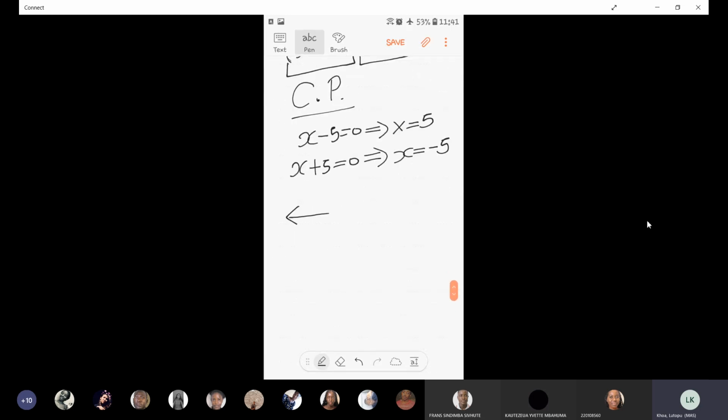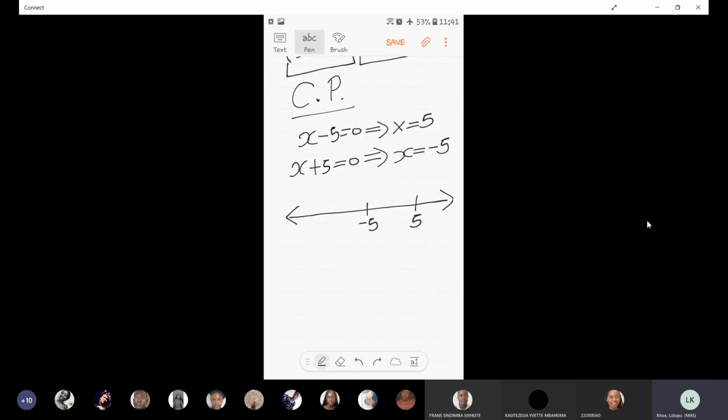So I start with one number line, and then I put my 2 points, minus 5 and 5, on the number line, then you can see that my number line is now divided into three parts. I have the numbers that are less than minus 5, numbers between minus 5 and 5, and numbers that are greater than 5.